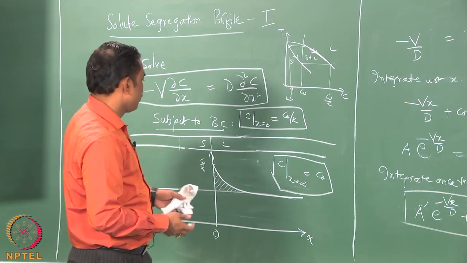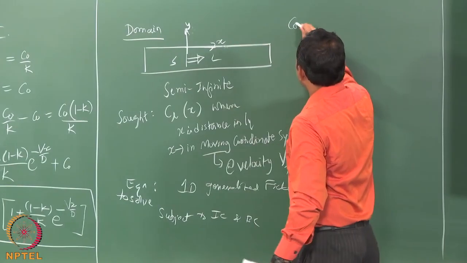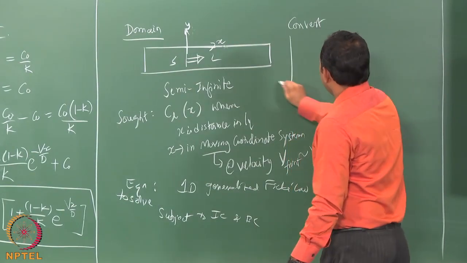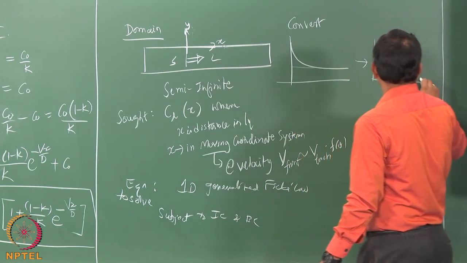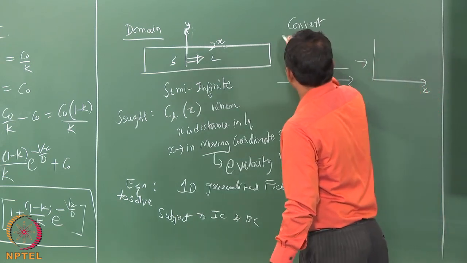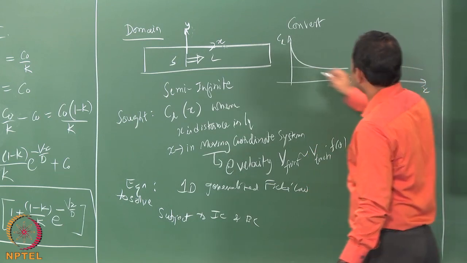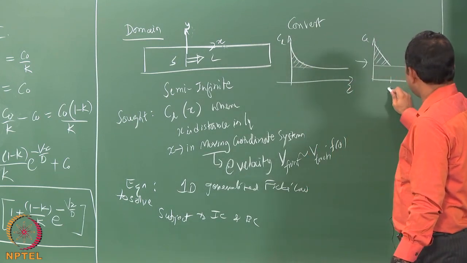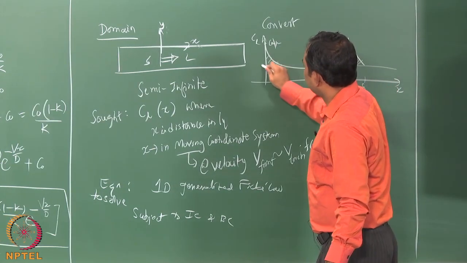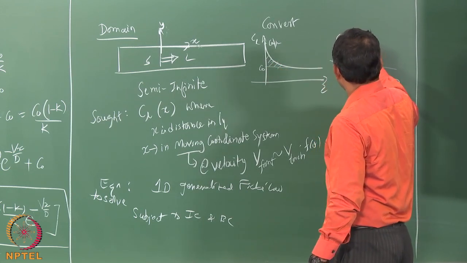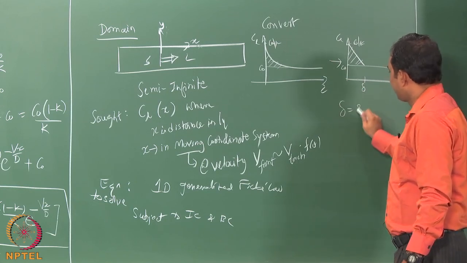So, the problem itself I am going to state it like this: convert the exponentially decaying function into a triangle whose width is delta. Okay. Everything else is same. Okay. This value is c naught by k, this is c naught, this is c naught by k, this is c naught. So, that the areas are same, and I am asking what would be the delta value.